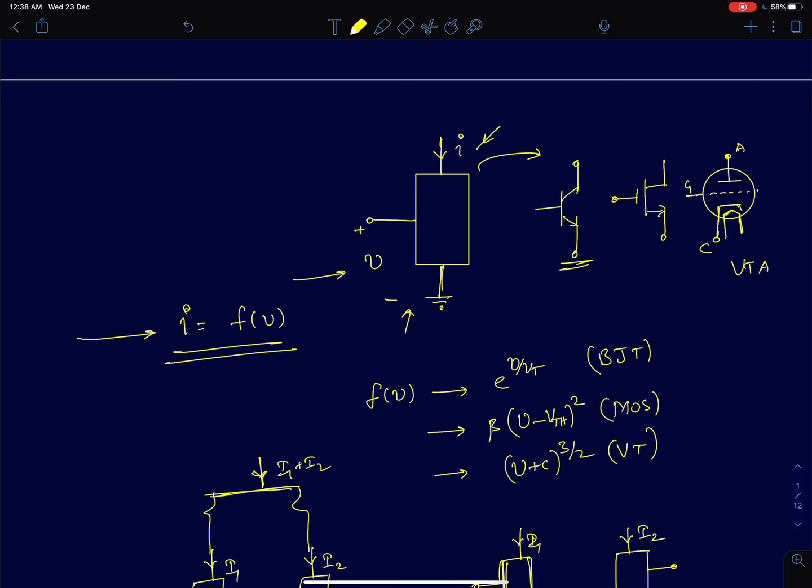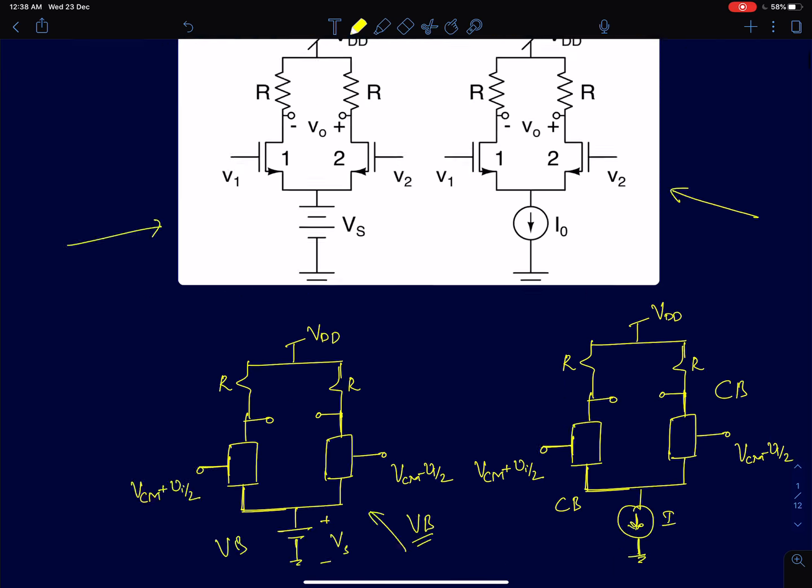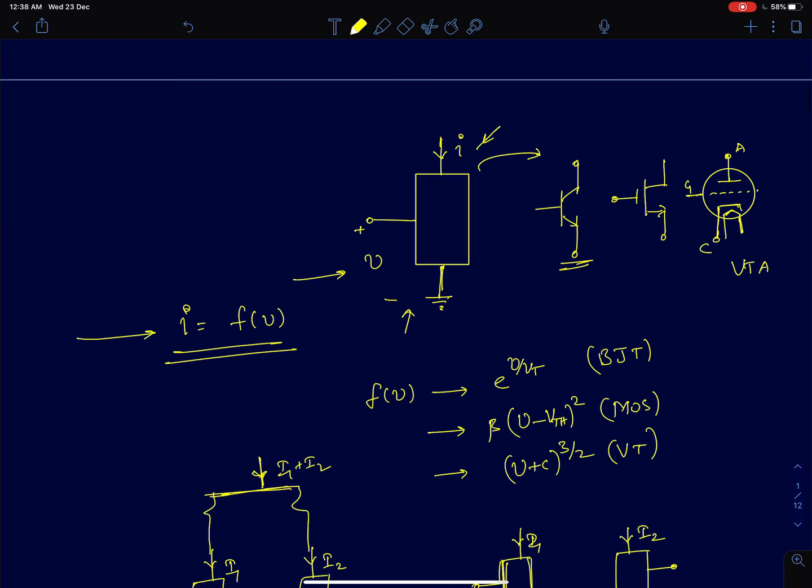In case of a bipolar junction transistor, f of V, the nonlinear function, will have an exponential dependence on the input voltage, and in case of a MOSFET, it will be a square law characteristic. I've assumed beta here is some constant. And in case of a vacuum tube amplifier, it will be to the power 3/2.